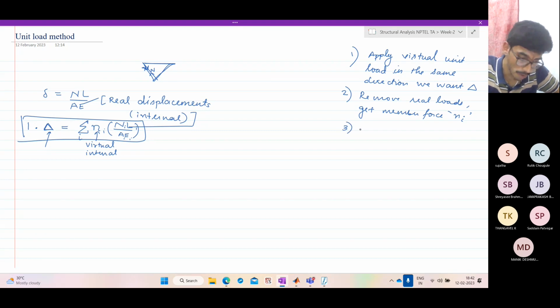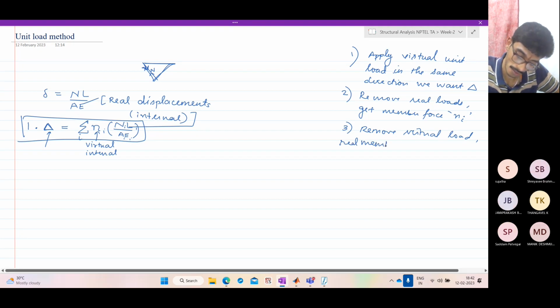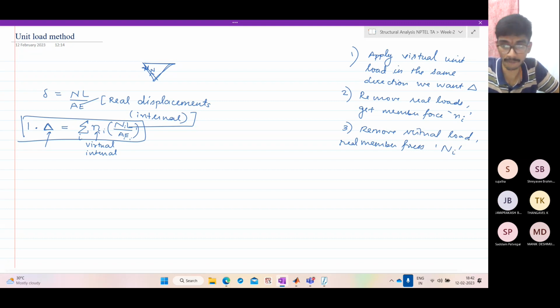The third step, remove the virtual load and get the real member forces, capital N i. Fourth step, now apply the expression for virtual work.